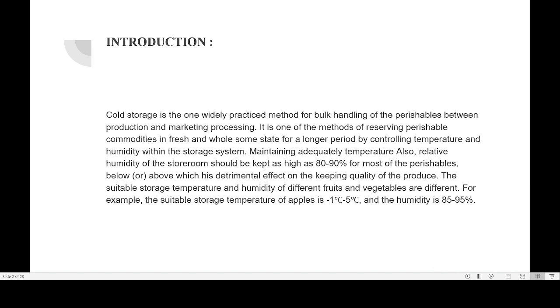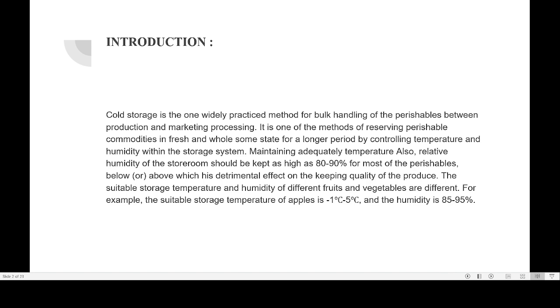In maintaining the process, the temperature must be adequate, and the relative humidity in a storeroom should be kept high, about 80 to 90 percent, which is the approximate figure for most perishable products; above that there is a detrimental effect on the keeping quality of the products.